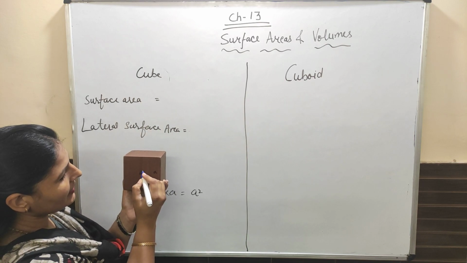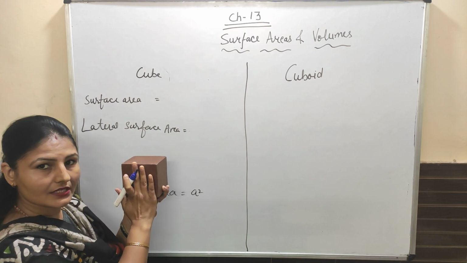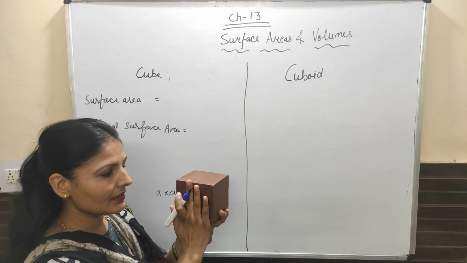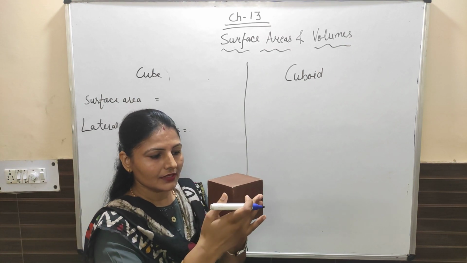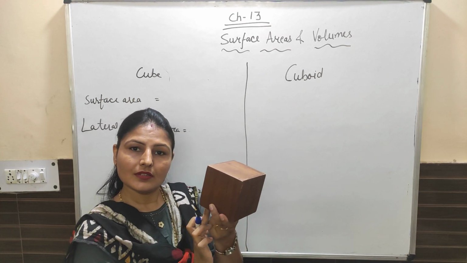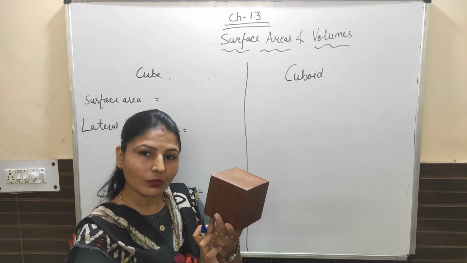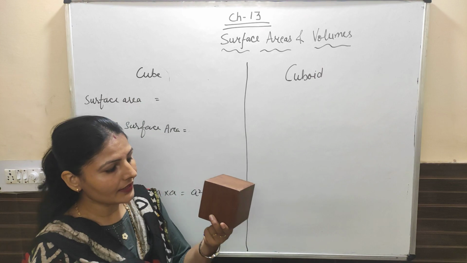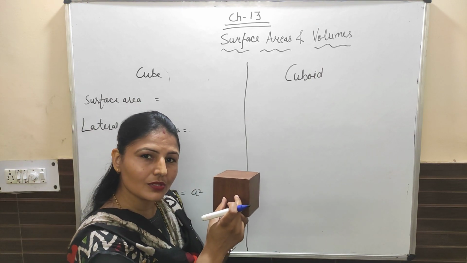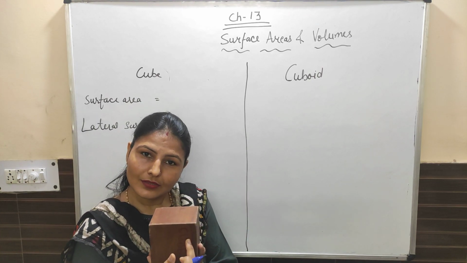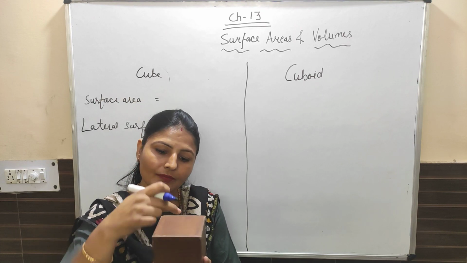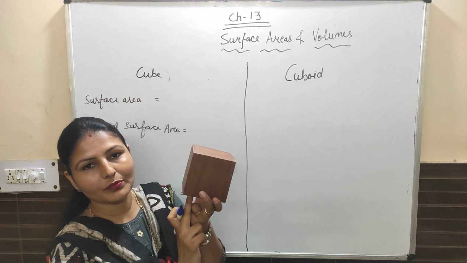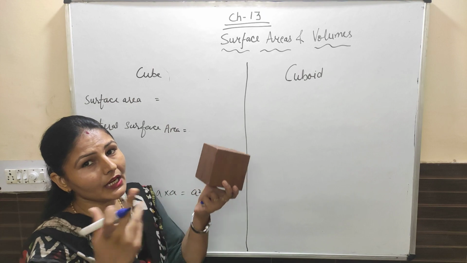It means the area of this surface is a square. Similarly, we can find the area of all these surfaces. These are all squares and all sides are equal. It means the area of this face is also a square, this also a square, the back is a square, top is a square, bottom is a square. It means how many a squares are there?